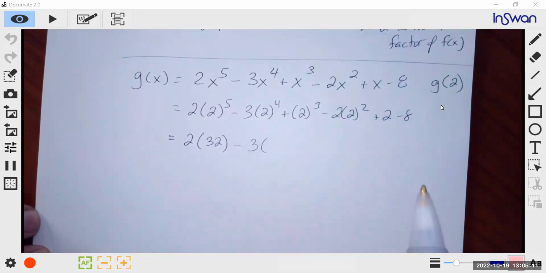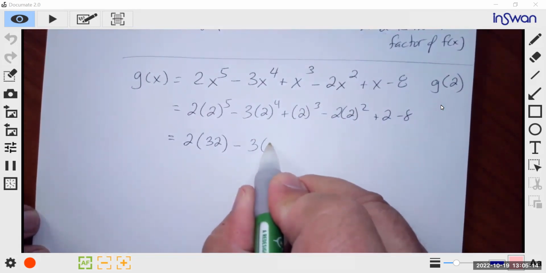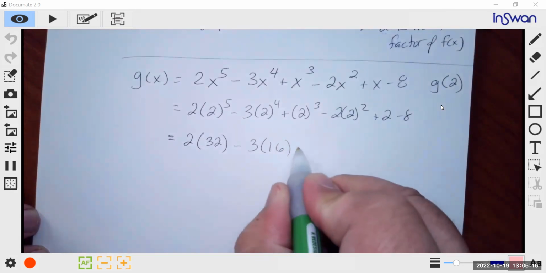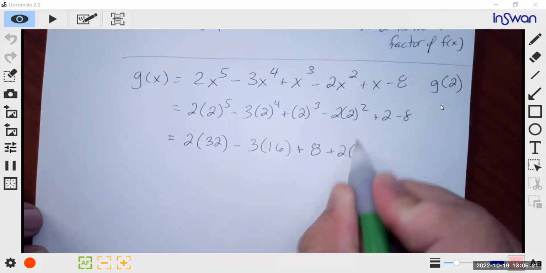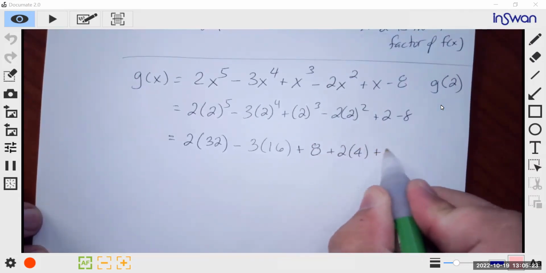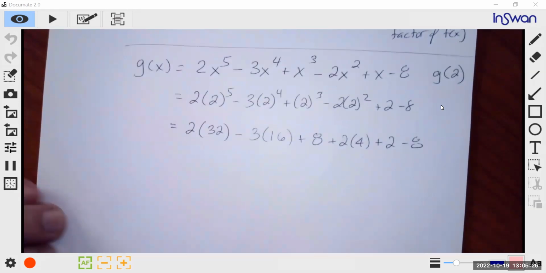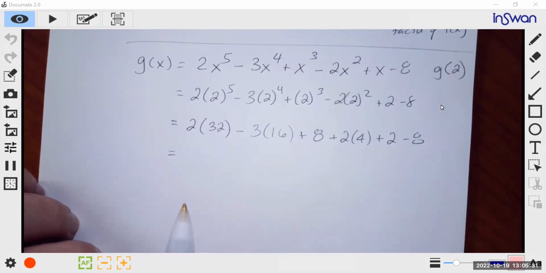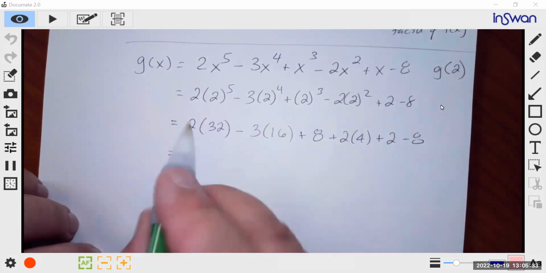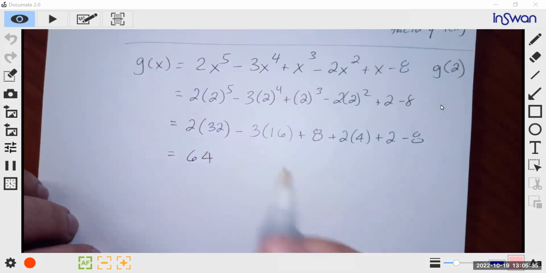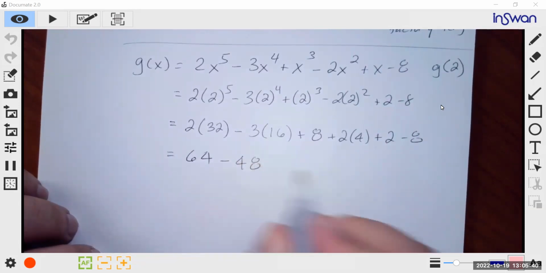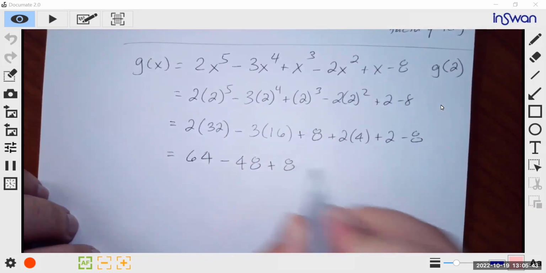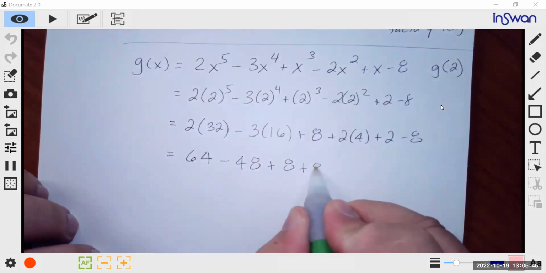2 to the 4th, 16. 2 to the 3rd, 2 squared, 2. 32 times 2 is 64. 16 times 3 is 48. 4 times 2 is 8.